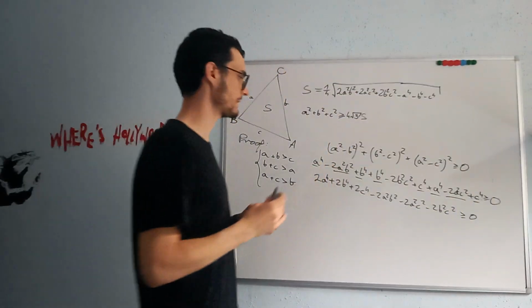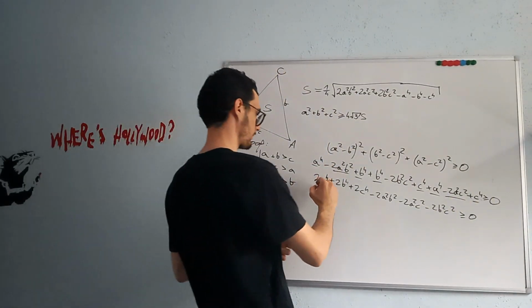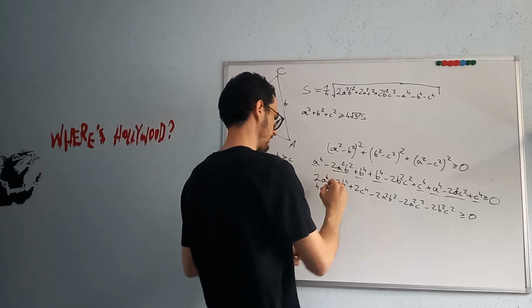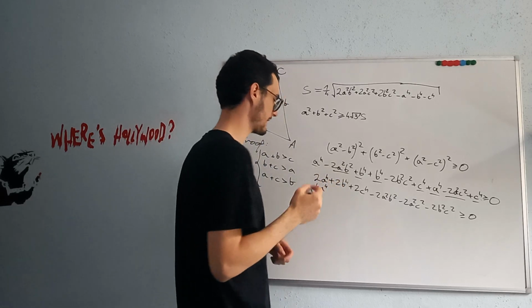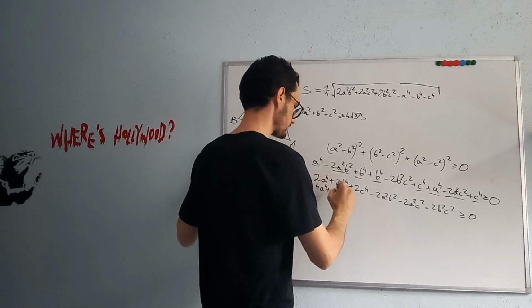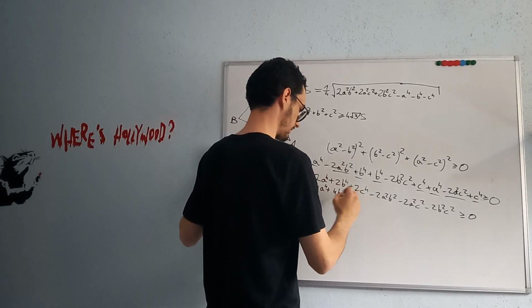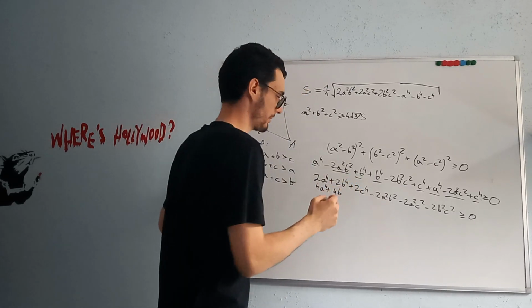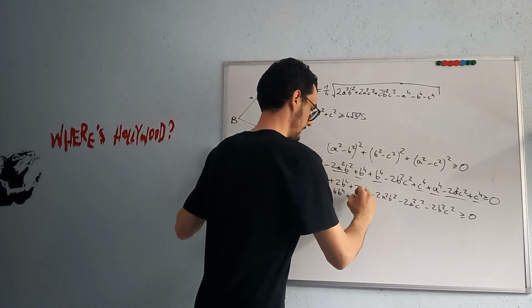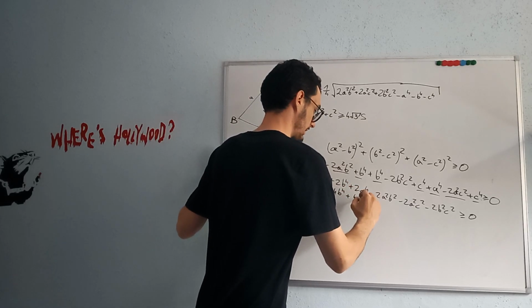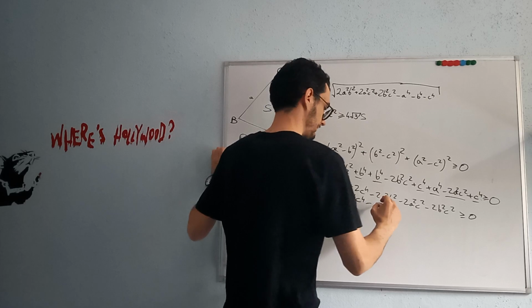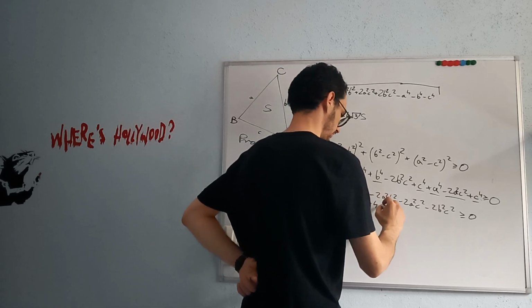Let's multiply this inequality by 2, and we've got 4 times a to the power of 4 plus 4 times b to the power of 4 plus 4 times c to the power of 4, and so forth.